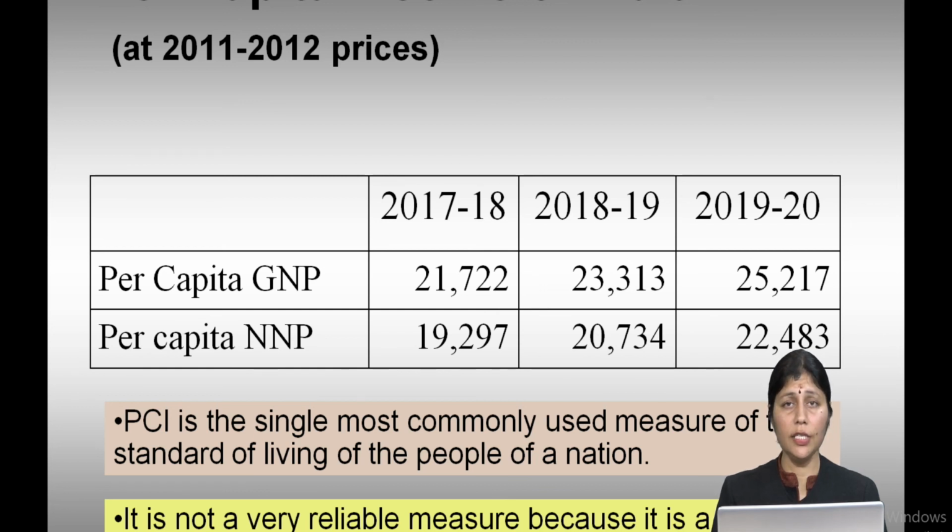In 2018-19, 20,734. In 2019-20, that is 22,483. So, now you can identify how much variation occurred across the 3 years 2018, 2019 and 2020.